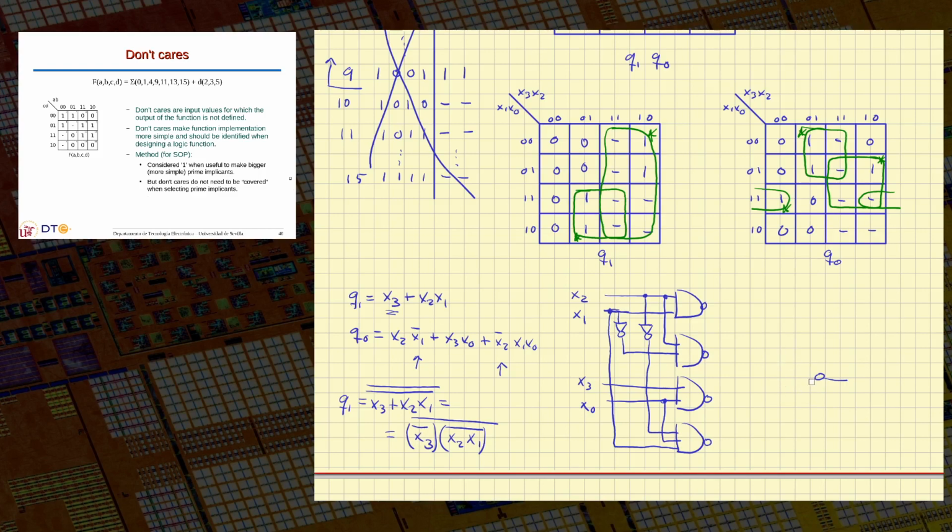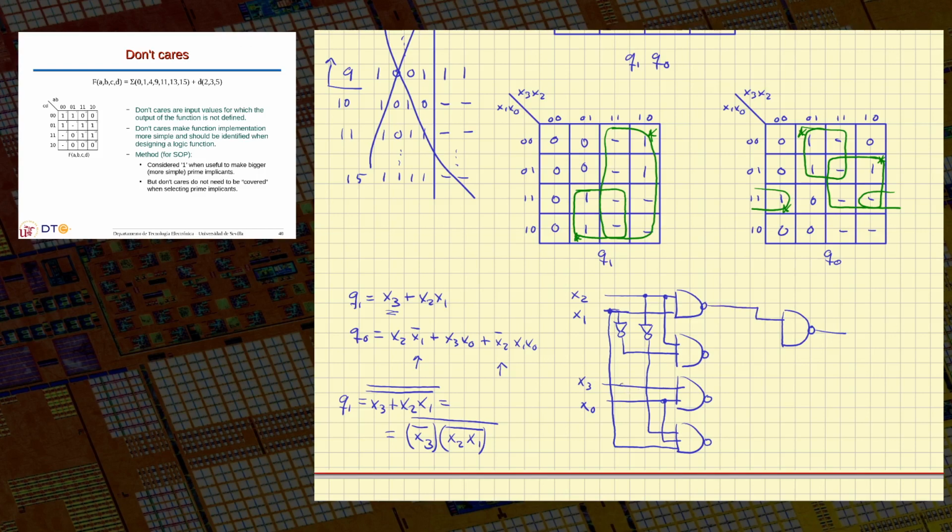So I will remove this one because we are doing just Q1, that is the product of just two terms, x2 x1. So I have it here. And this is the product of this term and x3 complemented.